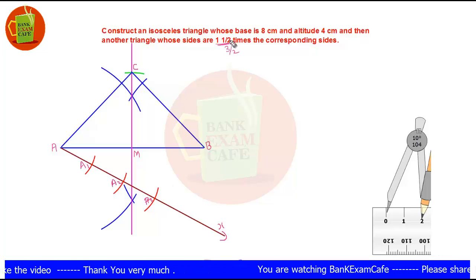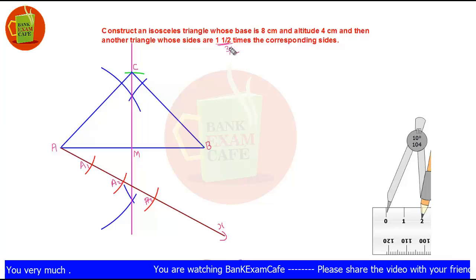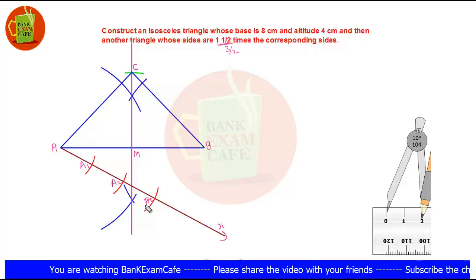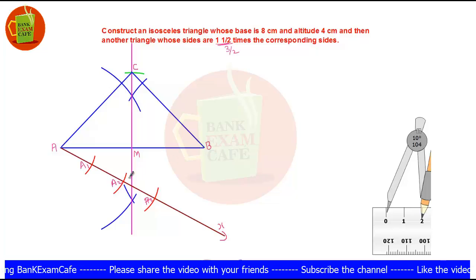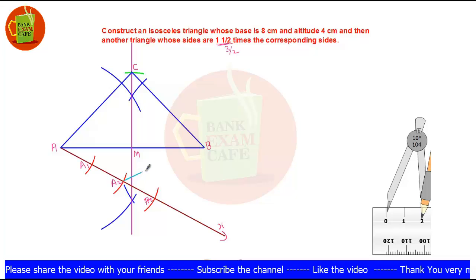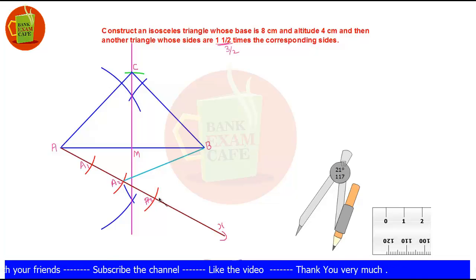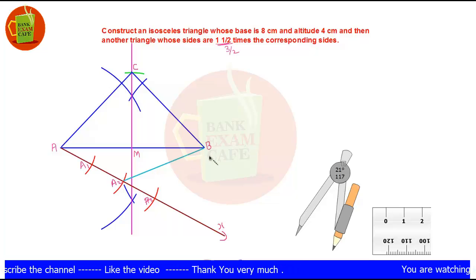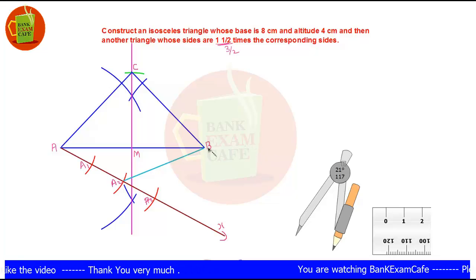Because here we have to take a ratio of 3:2 and the numerator is greater, so we will take 3 arcs at an equal distance from the point A. Now join A2 and B. Now from A3, draw a line parallel to A2B such that it will meet a line segment AB at B dash when AB is produced.